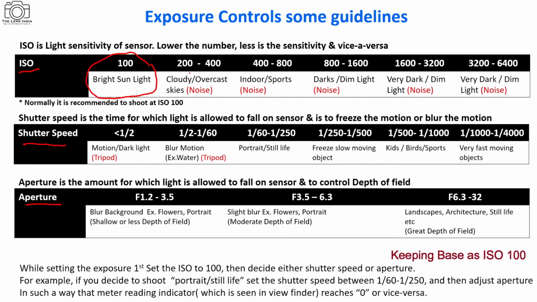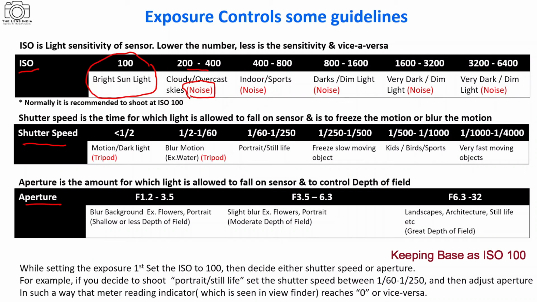The more we are in dark situations, the more we need to increase the ISO. But when we have a situation like cloudy or overcast skies, we can use ISO between 200 to 400. But then it starts creating some noise, and when the image starts capturing noise, the quality of your image deteriorates.